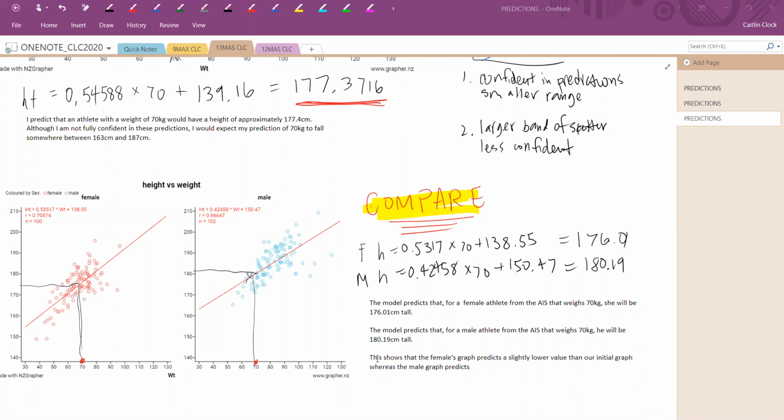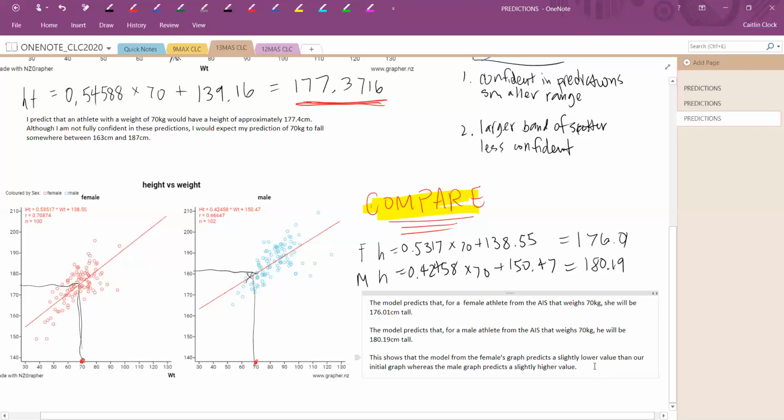Cool. All right, so still, this shows that the female's graph predicts a slightly lower value than our initial graph, whereas the male graph predicts a slightly higher value. Okay.